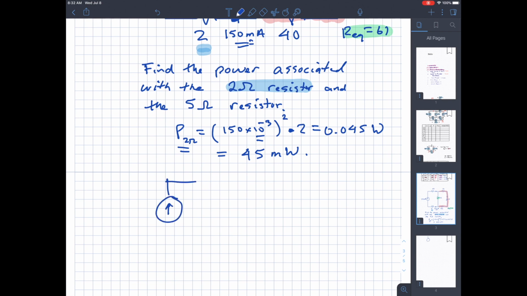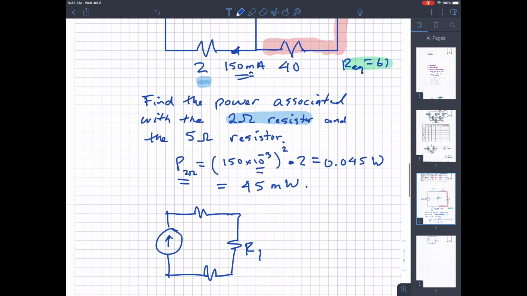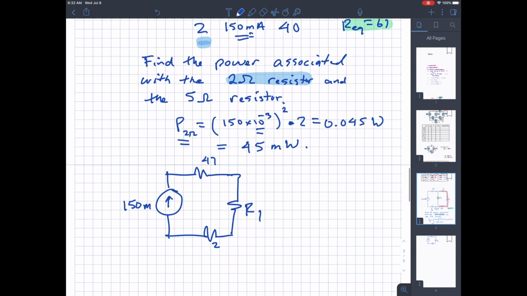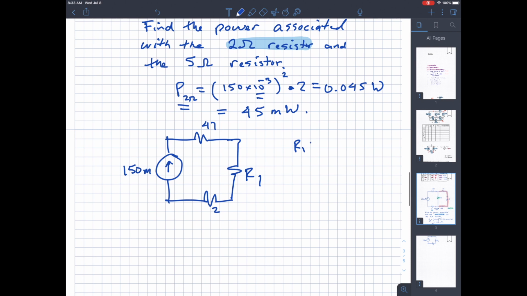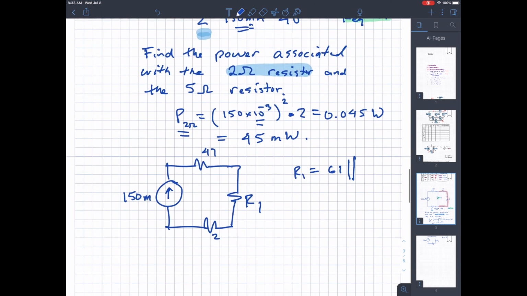I still have the 2 ohm resistor, and I would have, let's call it, R1. So the resistors would be 47 and 2, and this is 150 milliamps. R1 is the parallel combination of 61 in parallel with the 22.